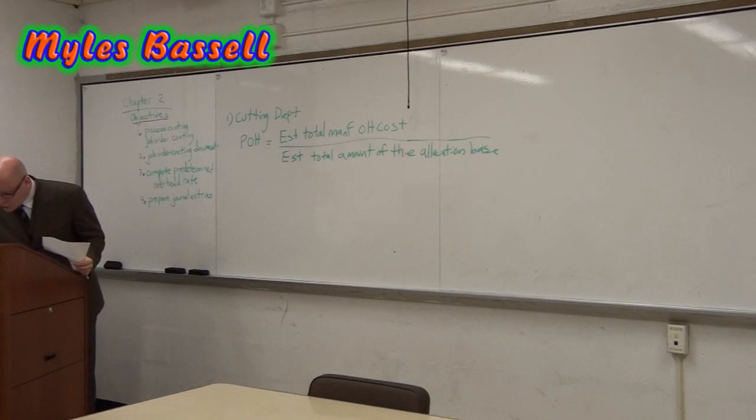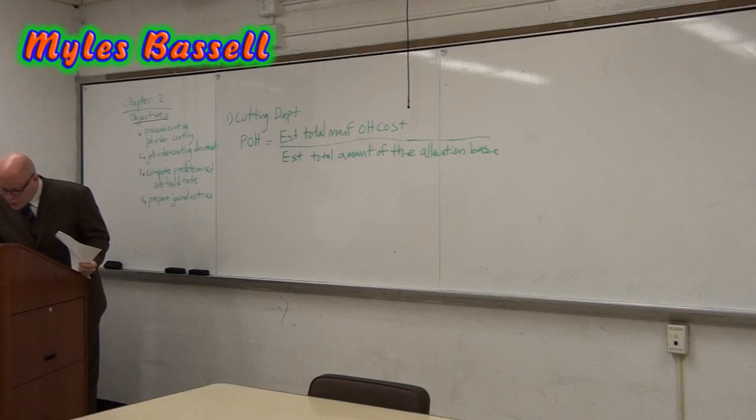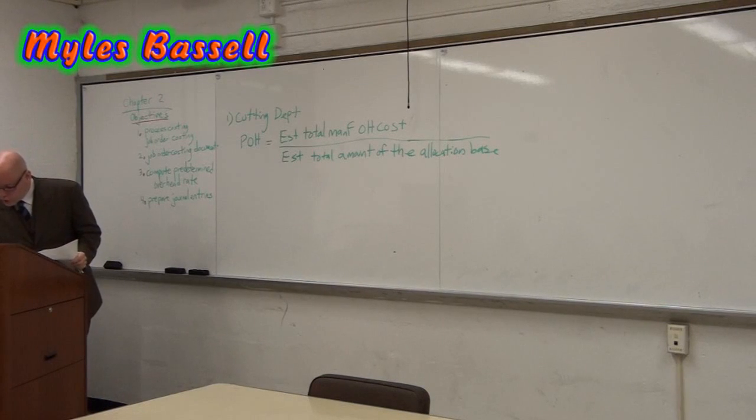So in this case, it tells us that the cutting department bases its rate on machine hours. So what we do is we find out what the machine hours are for the cutting department. Right, 48,000.